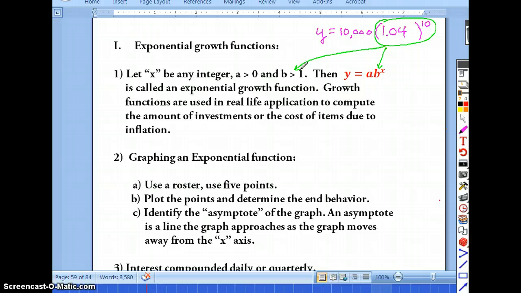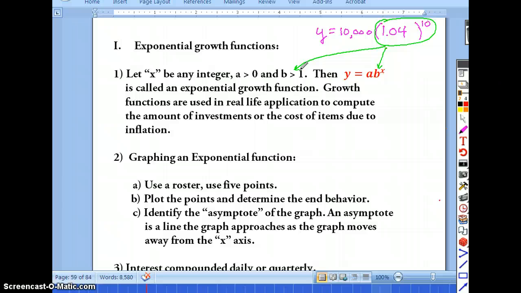Anytime you are multiplying a number greater than 1 to a power, it's going to keep getting bigger and bigger and bigger. Anytime you multiply a number that's less than 1 or between 0 and 1, the number gets smaller and smaller and smaller as you raise it to a power.